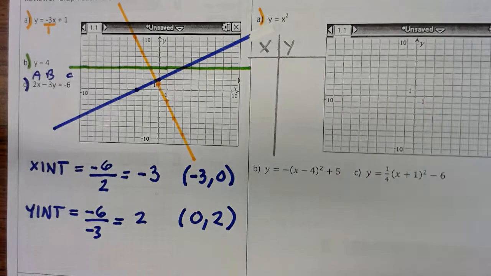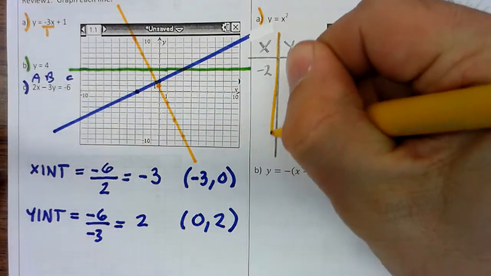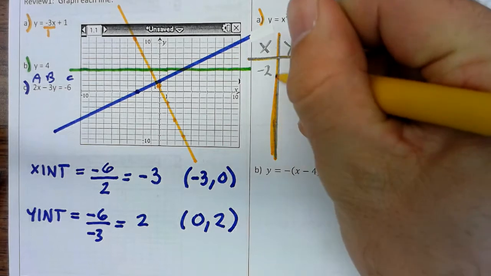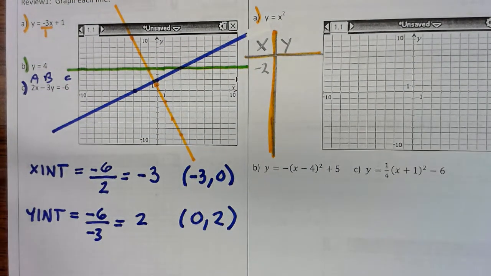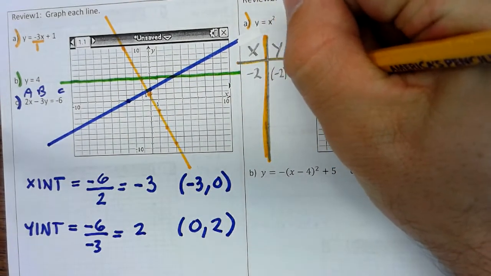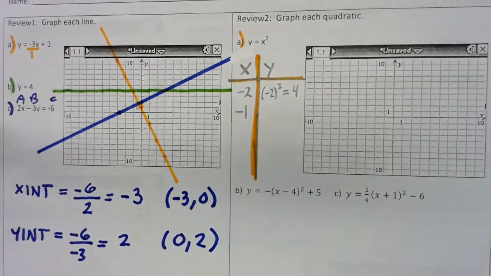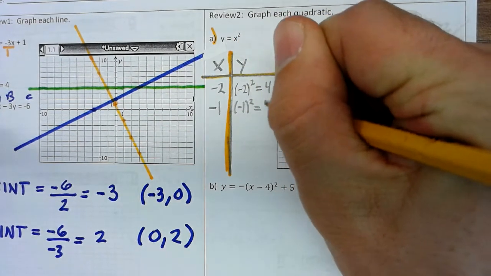So when x is -2, sorry, keep the color coordination there. All right, we know that's -2 squared, which equals 4. When x is -1, we know that's -1 squared, which equals 1.